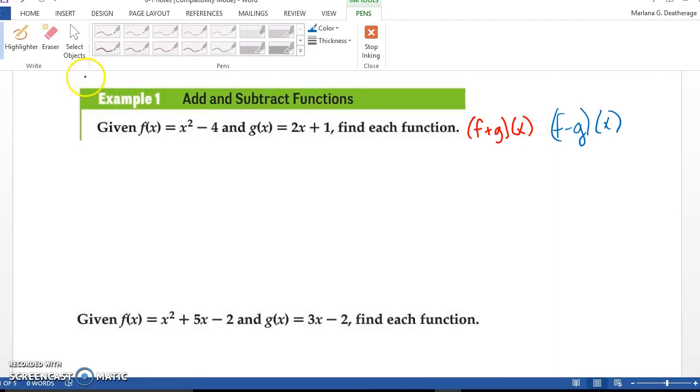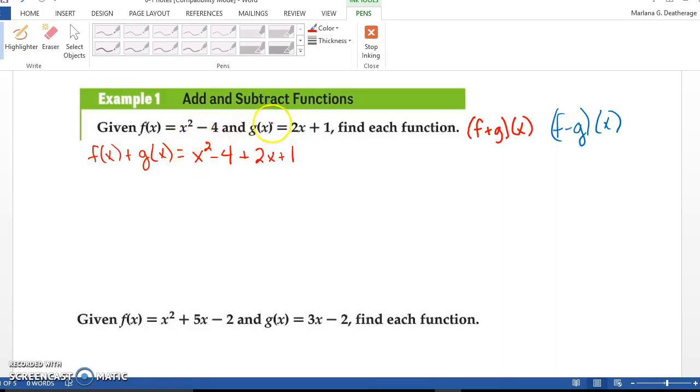So f plus g of x just basically means f of x plus g of x. We're just going to add these two functions together. So f of x is x squared minus 4. G of x is 2x plus 1, and since we're adding, we don't have to put it in parentheses, just plus 2x plus 1.